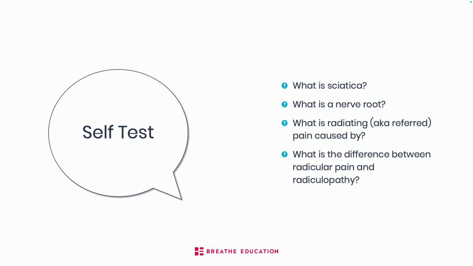Radiculopathy is an umbrella term just meaning something wrong with the nerve root. So radicular pain is one type of radiculopathy.